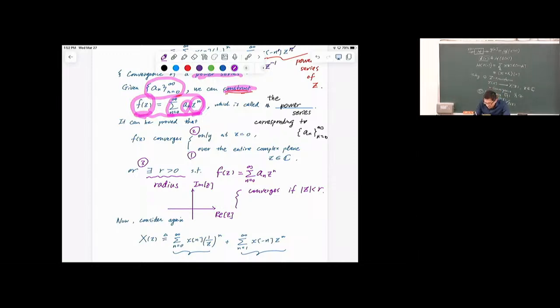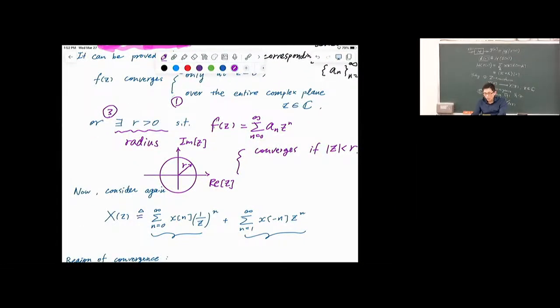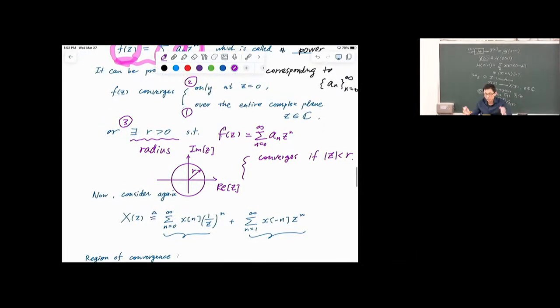So we are saying that there exists a radius r, such that the power series converges inside the circle of radius r, and diverges outside the circle. Okay? That's the only possibility, third case.